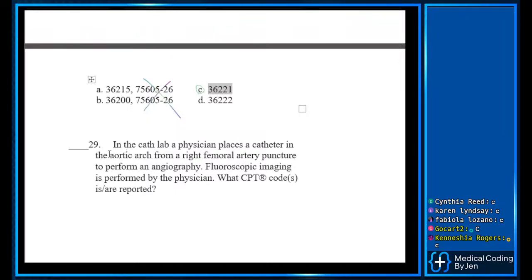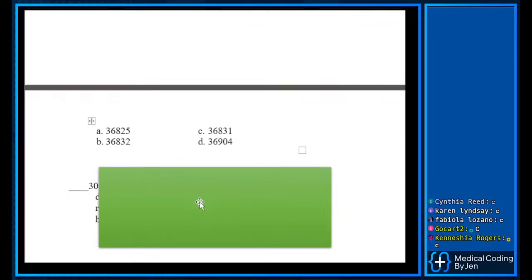So the only difference is aortic. We are aortic. All right. Out of these available answers, what do you guys think would be the correct answer, just based off of patterns, norms, that kind of stuff? We have 3 of them that are all in the 368 area, and only 1 in the 369 area.